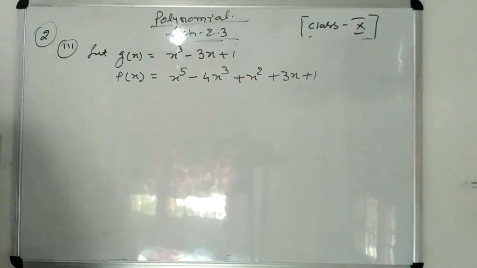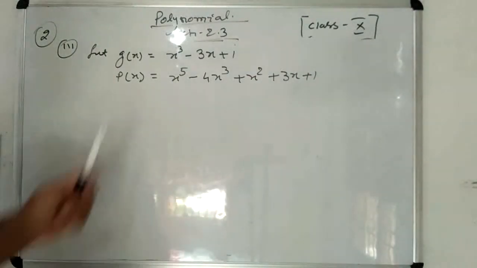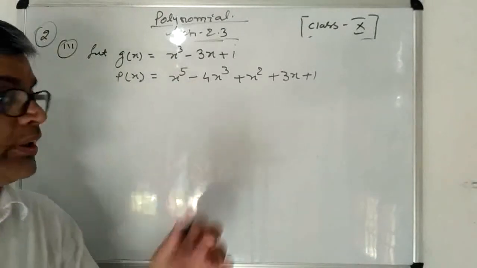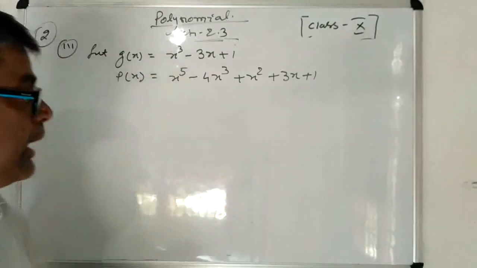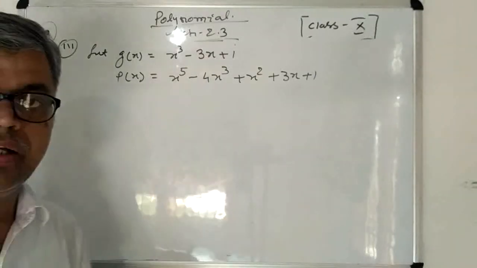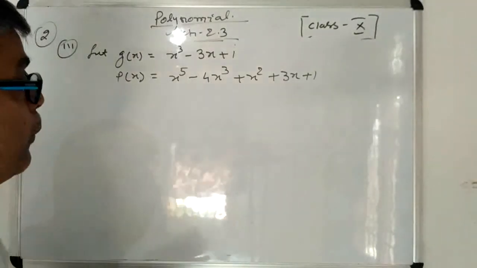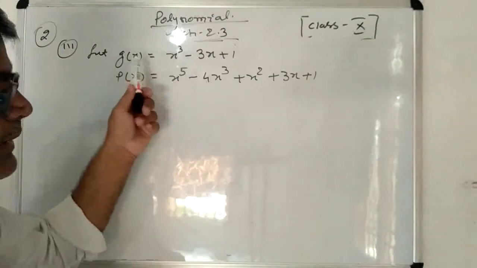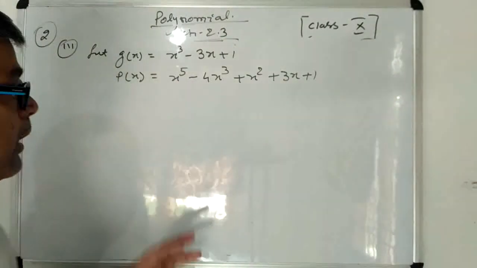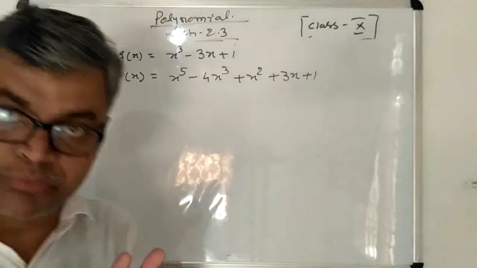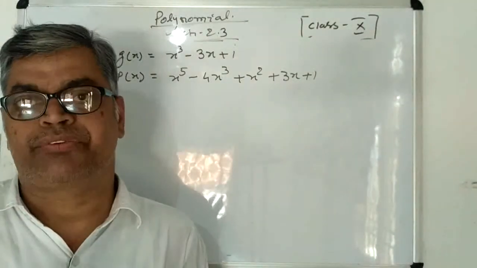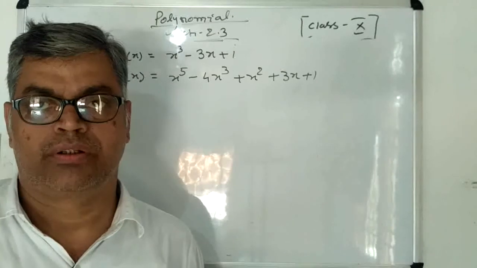These two polynomials are given. The first polynomial we supposed as g(x), and the second polynomial as p(x). Now you have to check whether the first polynomial, g(x), is a factor of the second polynomial, p(x). It means you have to check whether g(x) is a factor of p(x) or not.